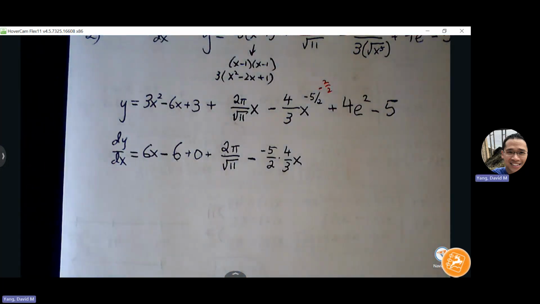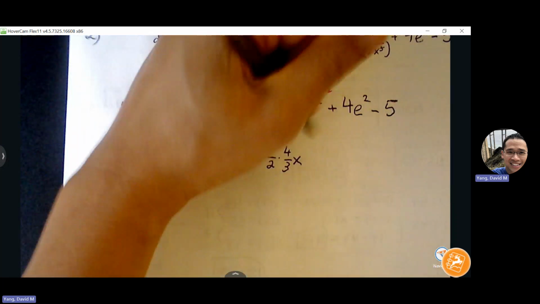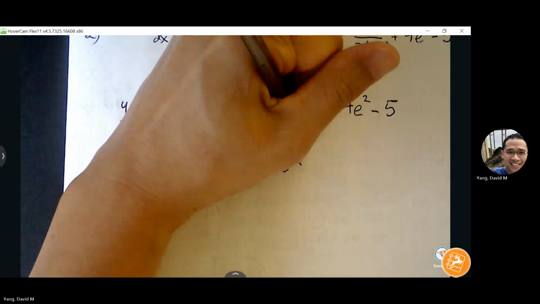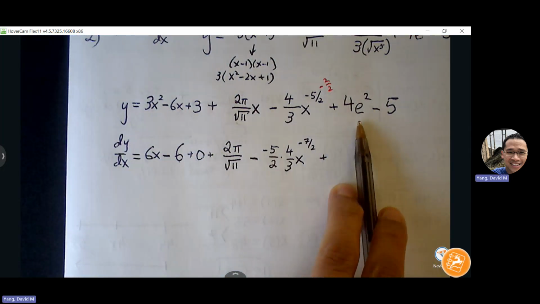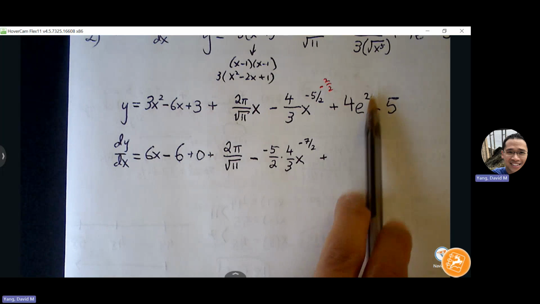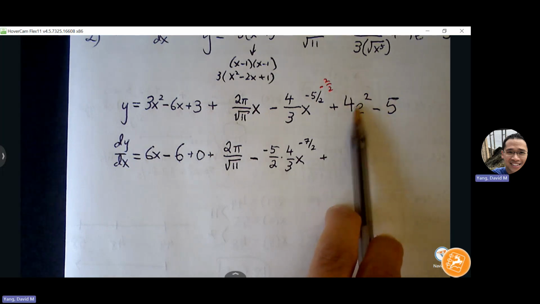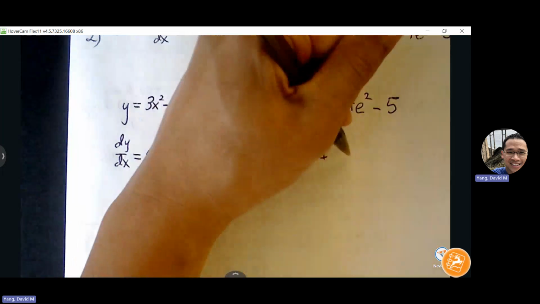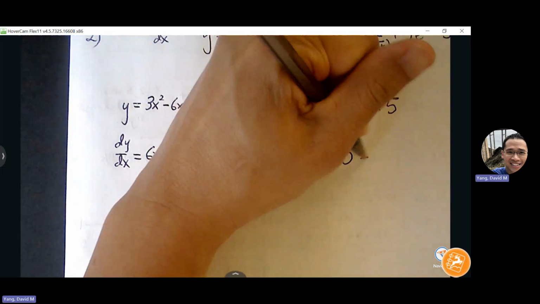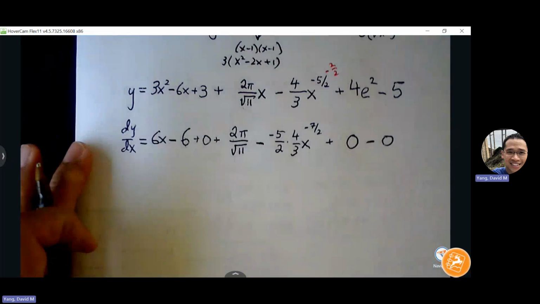We always subtract 1 from the exponent. What do you think 4e squared becomes? Remember, e is just a number. Yeah, so any number, doesn't matter if it's squared, it's still going to be a number, right? Any constant will go to 0. And my -5 is also a 0.